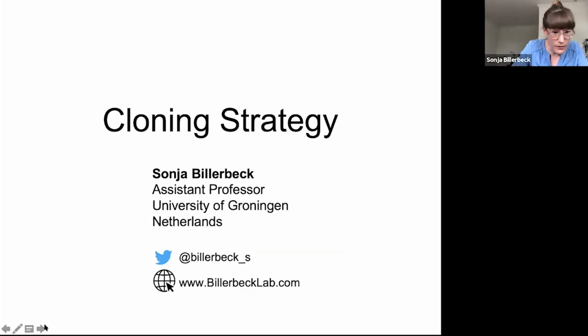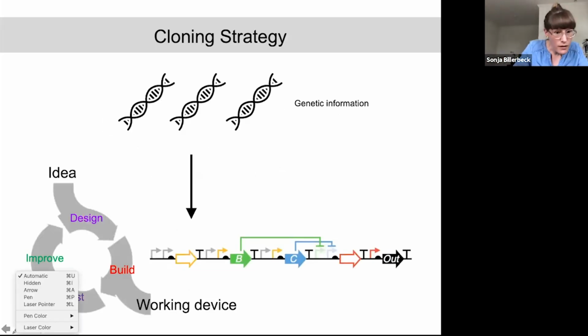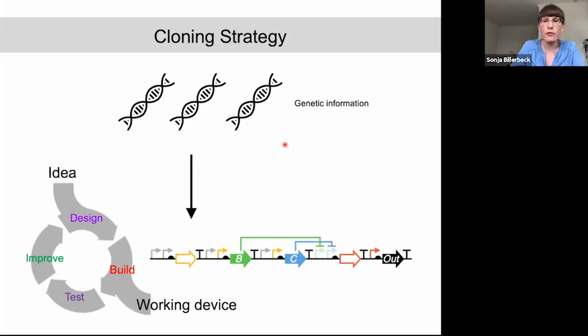So, how do I proceed here? As a brief overview, Ian just told you how you can condense your ideas. You walk from a protein or an enzyme that you want to use through all the different databases, and you extract the genetic information.